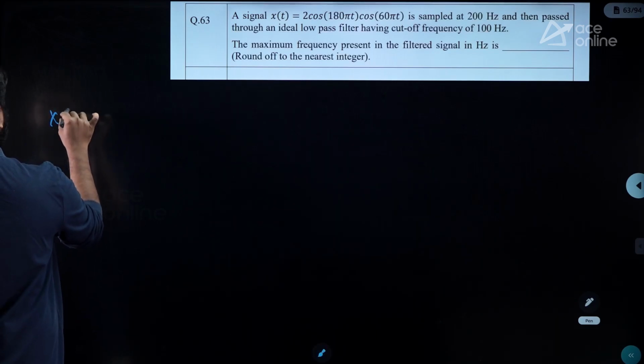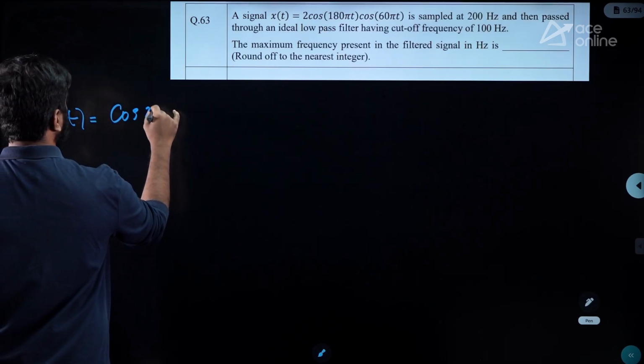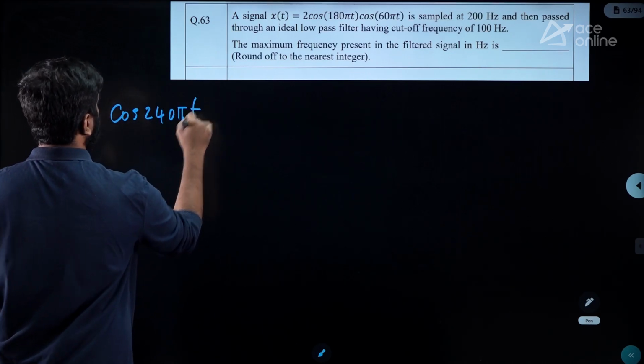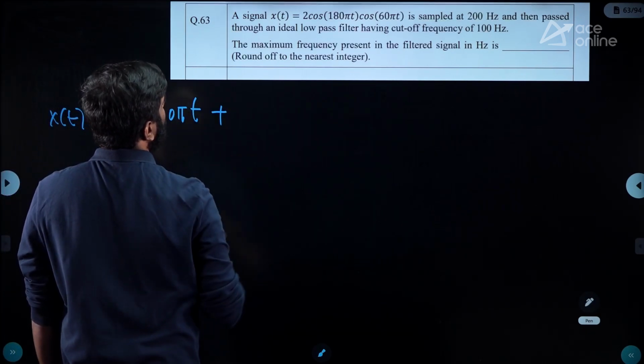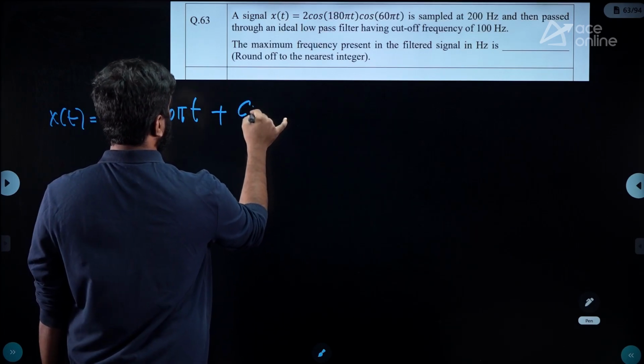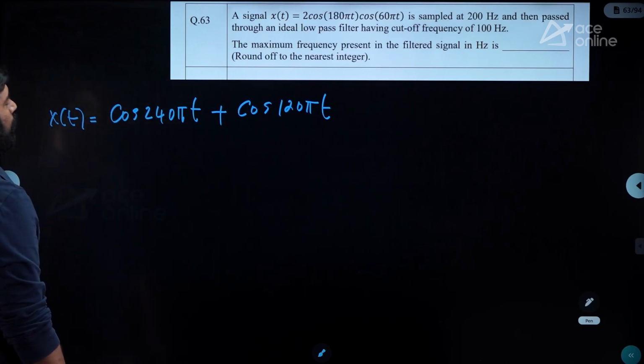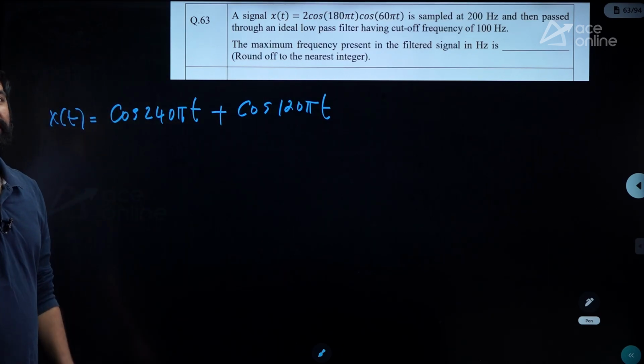Firstly, why don't you write x of t like this? 2 cos a cos b is cos of a plus b plus cos of a minus b. Cos of a plus b is cos 240 pi, plus cos of a minus b. 180 pi minus 60 pi is 120 pi. This is cos 120 pi. Students, everything is in Hertz.